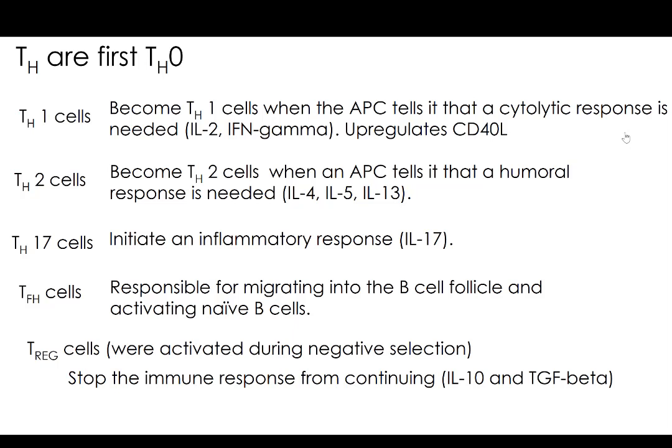And then T regulatory cells are generated when an immature T helper cell bound to a self cell too strongly. If it binds to a cell too strongly, the body says, we're going to use you to recognize that cell response and shut it off.